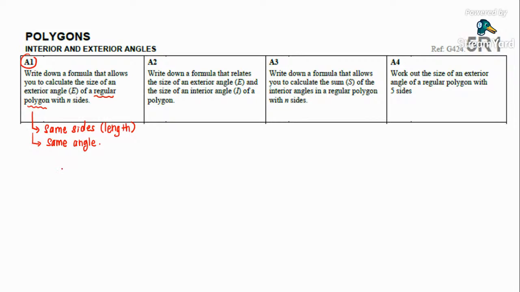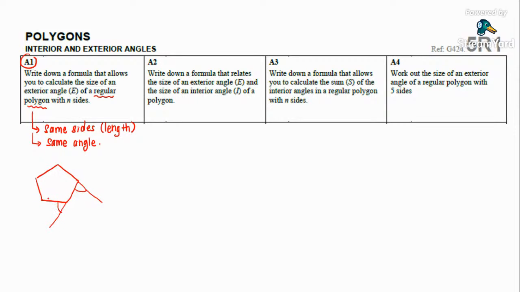Okay, so now we look at the same thing, a pentagon. The easiest example will be using a pentagon over here. In a regular pentagon, because we are talking about regular polygons, we know that they all must have the same interior angles, which means they all must have the same exterior angle as well.